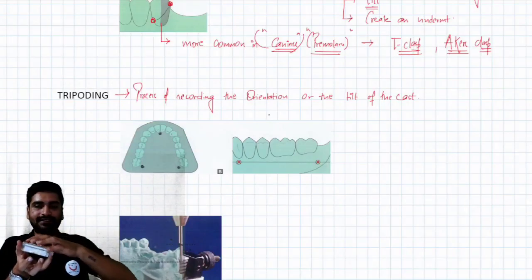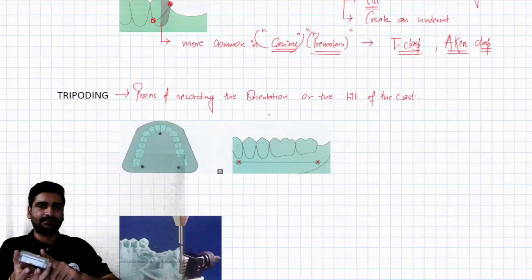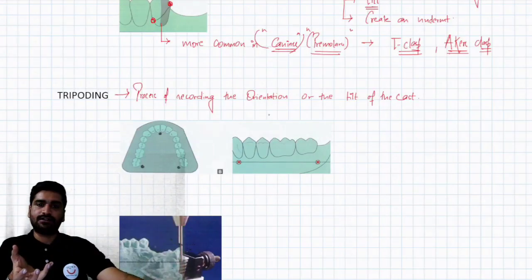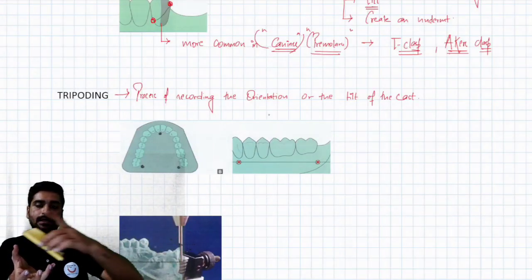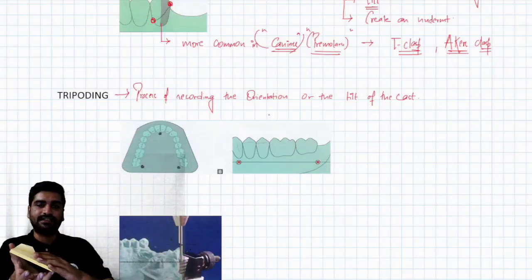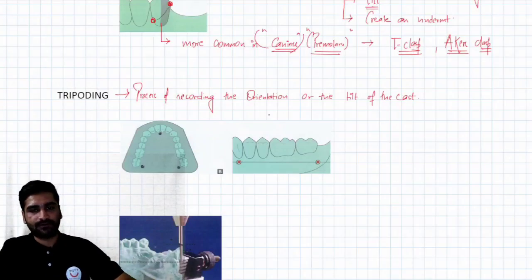So when all the 3 points are contacting, that means I have the same tilt what I had in the diagnostic cast, correct? Now while I'll keep the same tilt of the cast holder, remove the diagnostic cast and place the master cast. So the tilt which was there in the diagnostic cast will be transferred to the master cast. This is the whole concept of tripoding.